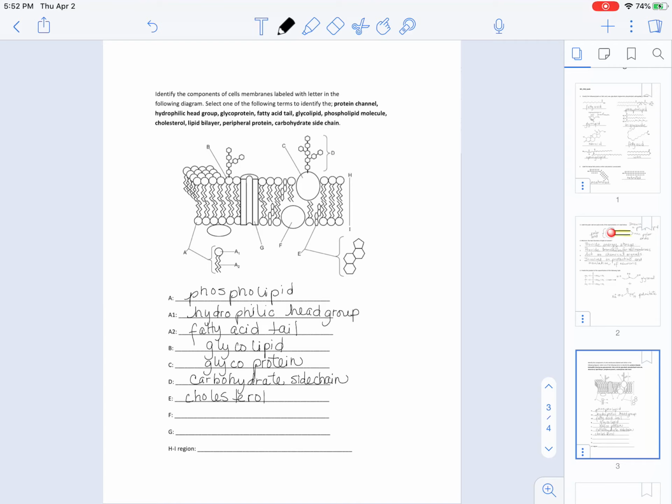Letter F is a peripheral protein. Letter G is a protein channel. And the region H through I is a lipid bilayer.